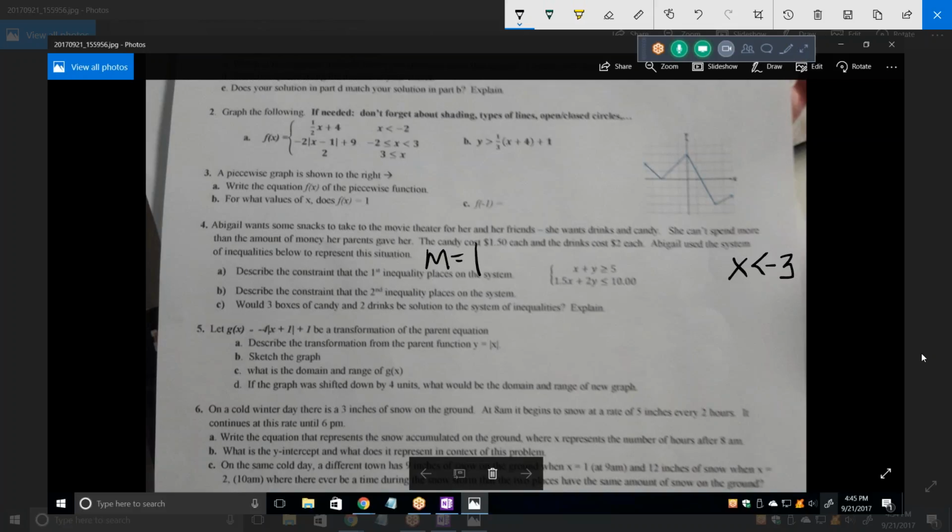If I knew the y-intercept, I'd know the equation of the line, right? We still have y equals mx plus b. Problem is, this line doesn't go to the y-intercept. But I know its slope. If I were to continue it, it would end up right there. So what would the y-intercept be, if it were a straight line all the way to the y-intercept? 2. Read it off the grid. Can you see the grid? Oh, yeah.